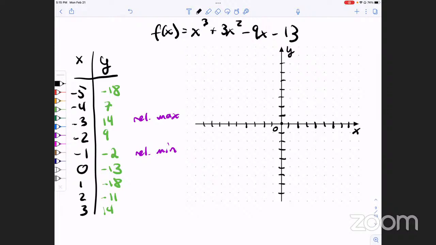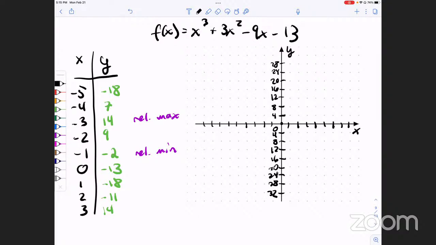This will work. So on the y-axis, we went 4, 8, 12, 16, 20.